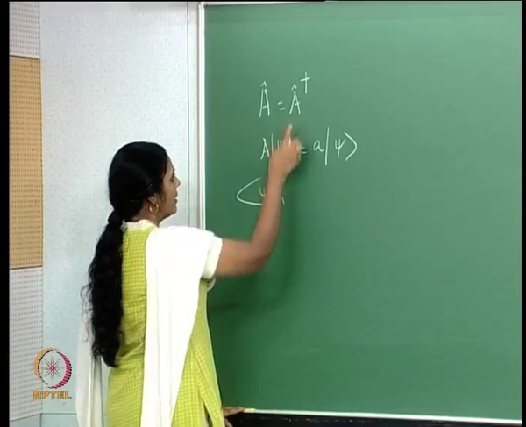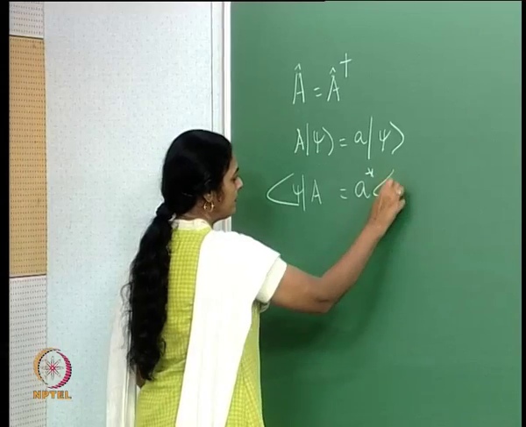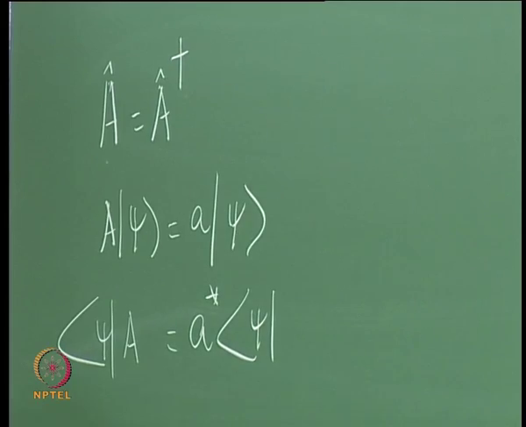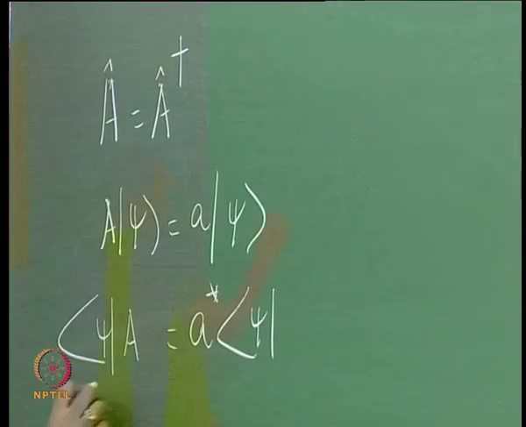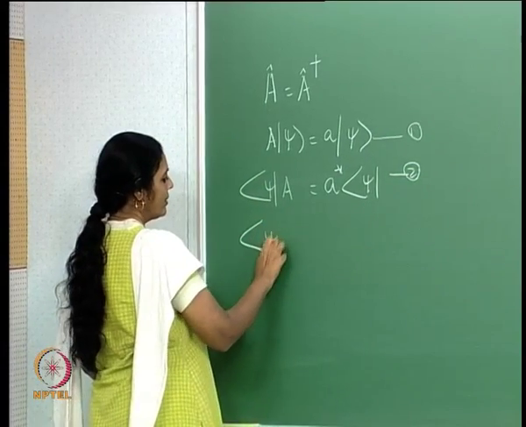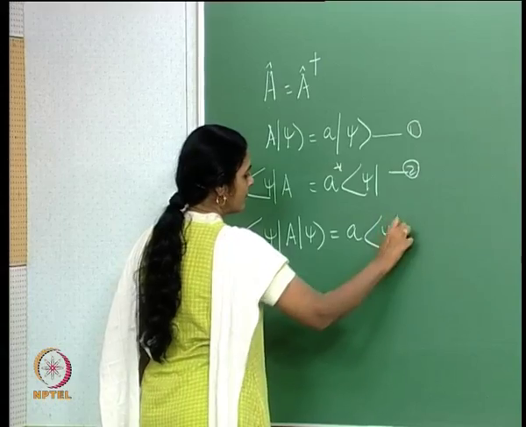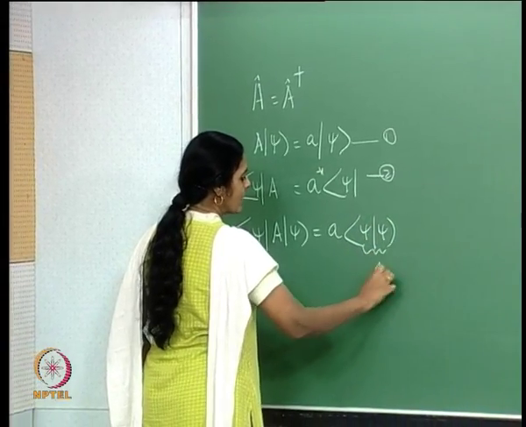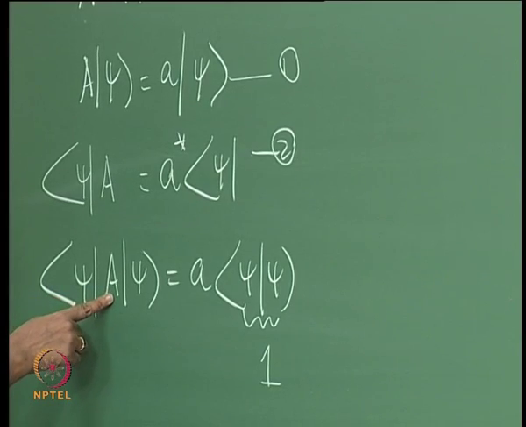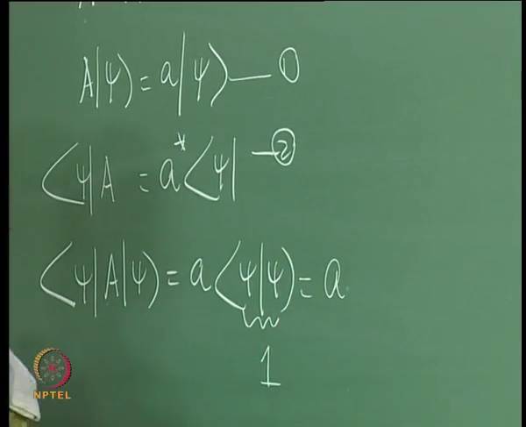If I take the dagger, since A dagger is the same as A, I have this. The aim is to show that a is equal to a star, and that can be simply done as follows. Start with equation 1 and do this. Let us imagine that psi is normalized to 1. Then the expectation value of A in the state psi is simply a.